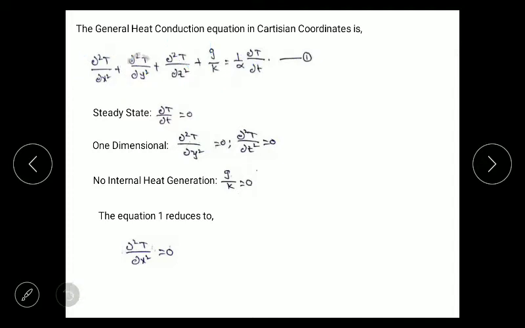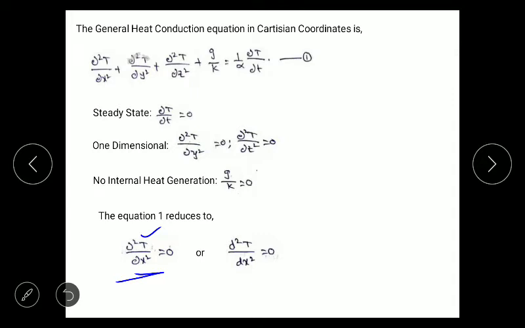Now the heat transfer, or the temperature change, takes place only in the x direction. So we no longer need partial differentiation; we can use direct differentiation, as it is clear that the temperature change happens only in the x direction. There is no y, no z involved in this equation. So ∂²T/∂x² becomes d²T/dx², which is equal to 0.